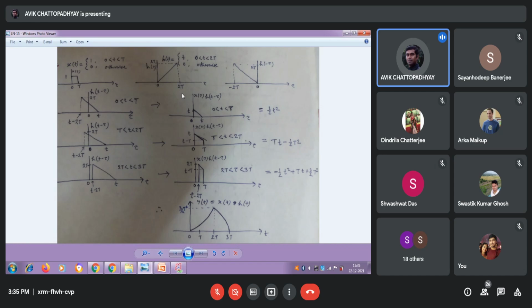So here the range is when t is from 0 to capital T. Now, please remember one thing: the width of this signal is 2T and the width of this signal is T. So this signal has the minimum width out of these two.